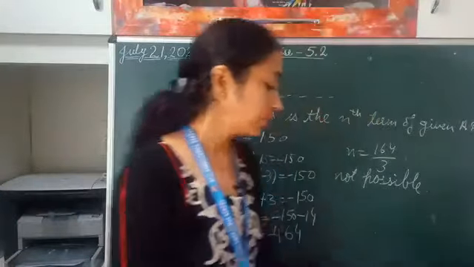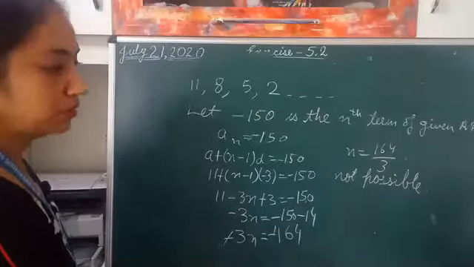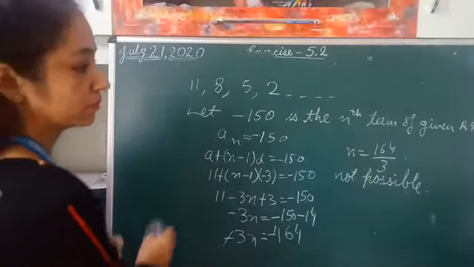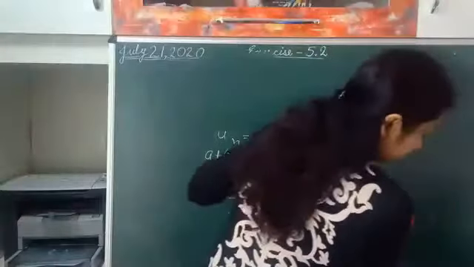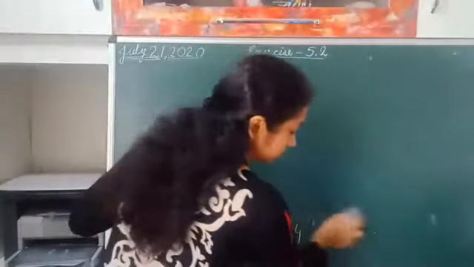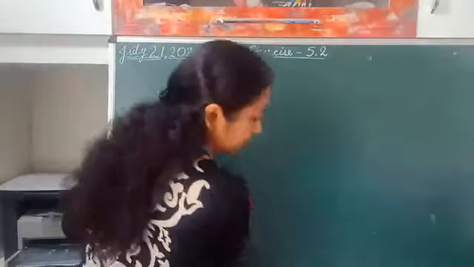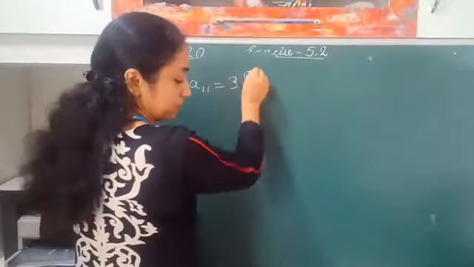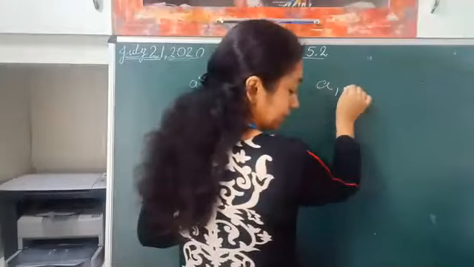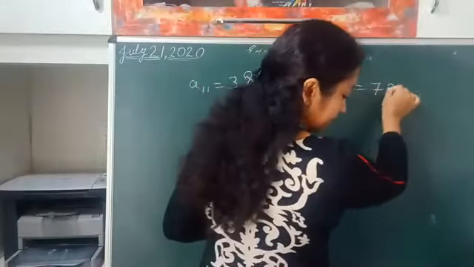Right? Now next question is, any problem in the question? No. Okay. So we are proceeding to the next question. Your question is, find the 31st term of the AP whose 11th term is 38 and 16th term is 73.